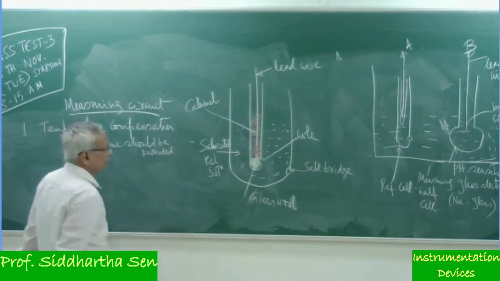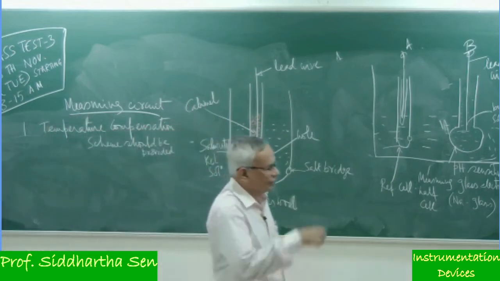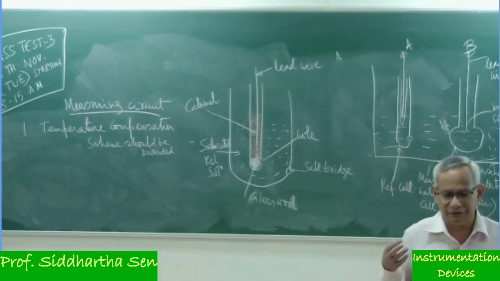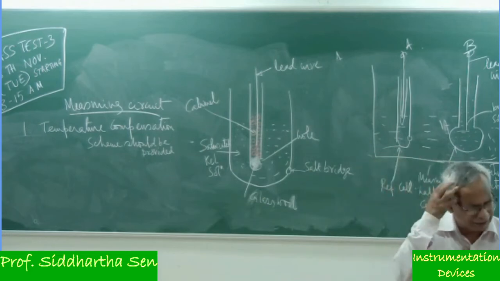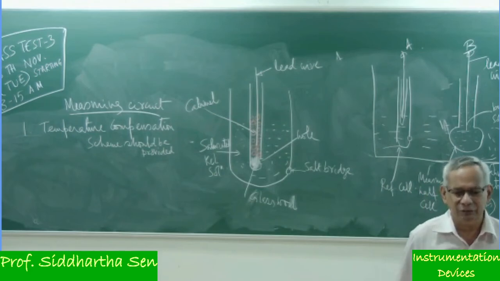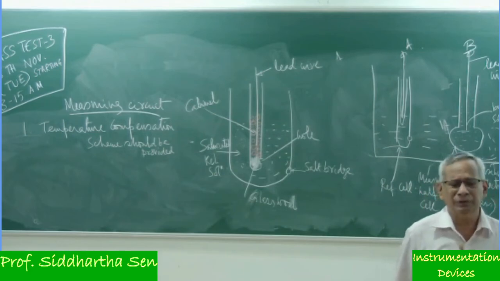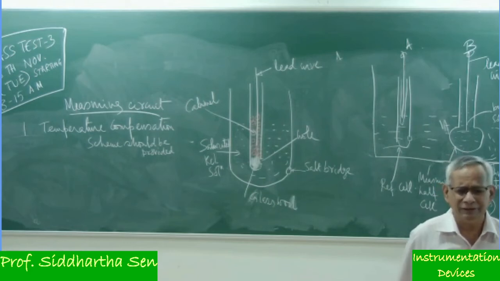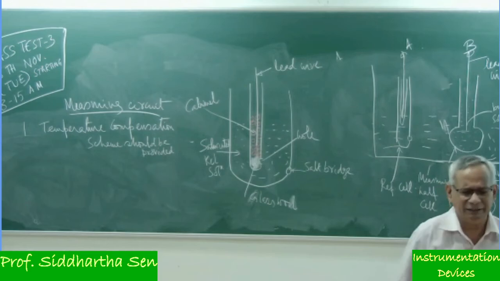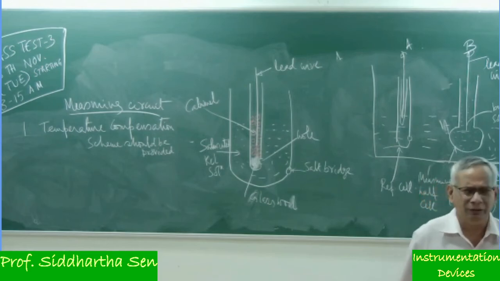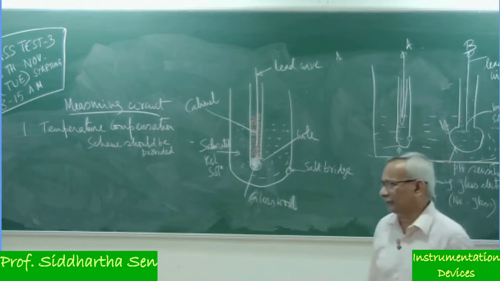We have seen that the Nernst equation is dependent upon the temperature. So if the temperature changes, the potential changes, and naturally there would be a problem. If you cannot keep it constant, you better sense the temperature of the solution using a thermistor or any other temperature sensor and compensate it using some compensating circuit.